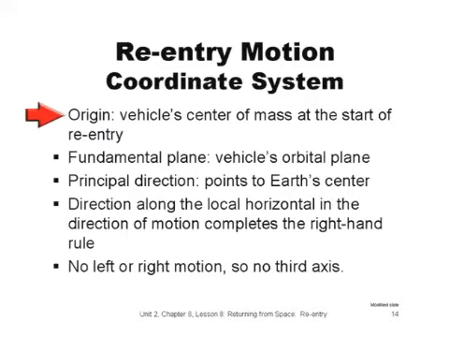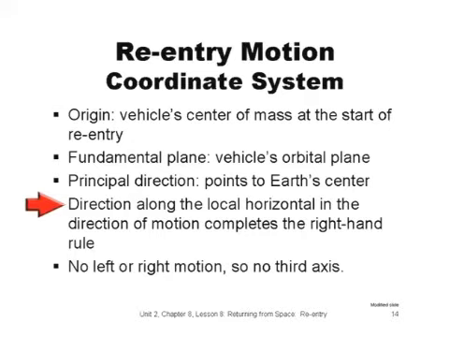We then analyze the motion using this fixed center. The basic or fundamental plane is the vehicle's orbital plane. Within this plane, we pick a main direction that points down to Earth's center. As a rule, the axis that points down is the z direction. Then we define the direction along the local horizontal in the direction of motion as the x direction.